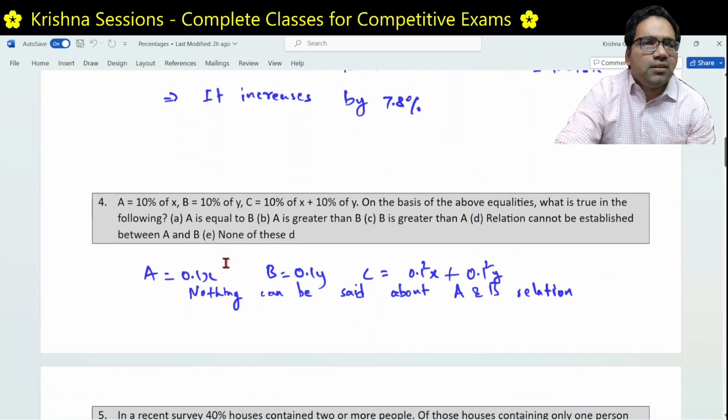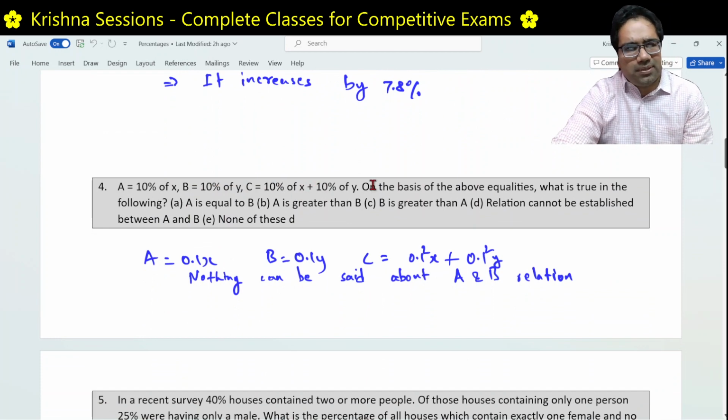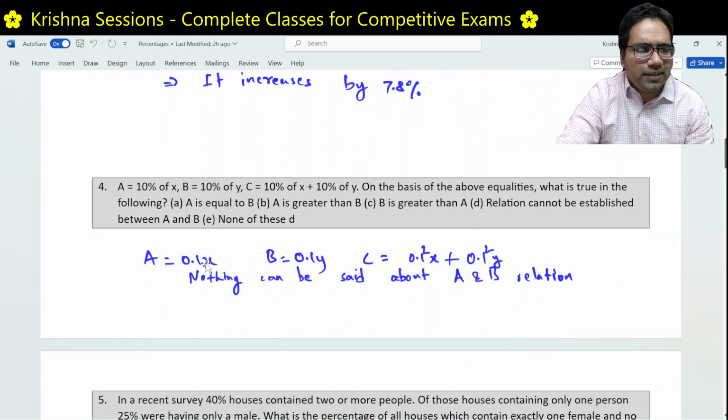Next one. A is equal to 10% of x, B is equal to 10% of y, C is equal to 10% of x plus 10% of y. That means A equal to 0.1x, B equal to 0.1y, and C is equal to 10% of x plus 10% of y.